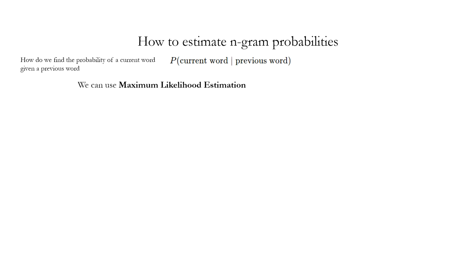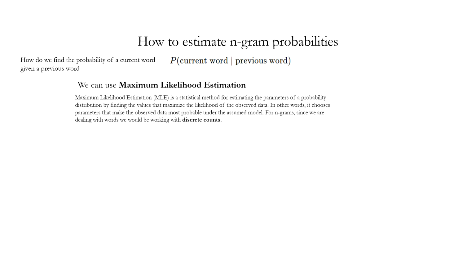This is a concept that's heavily used and relied upon in statistics, but it's used in machine learning as well and large language models. So let's give a formal definition. Maximum likelihood estimation is a statistical method for estimating the parameters of a probability distribution by finding the values that maximize the likelihood of the observed data. In other words, it chooses parameters that make the observed data most probable under the assumed model.